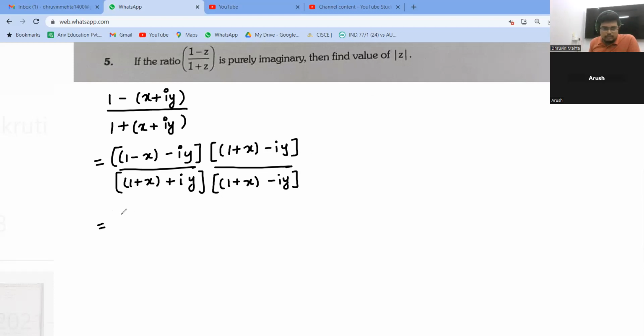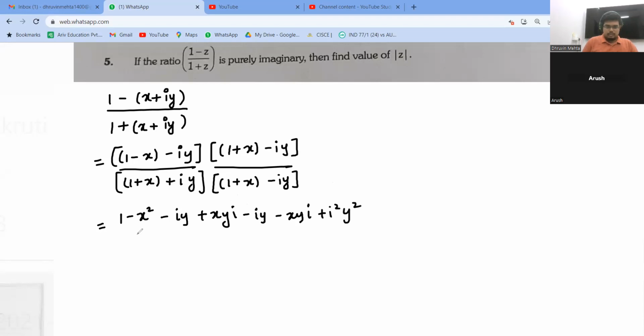So in the numerator, we will get 1 minus x square minus iy plus xyi. Next, this will be minus iy minus xyi plus i square xy, minus y square.